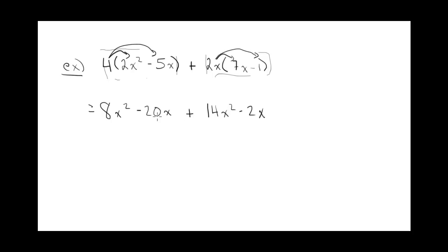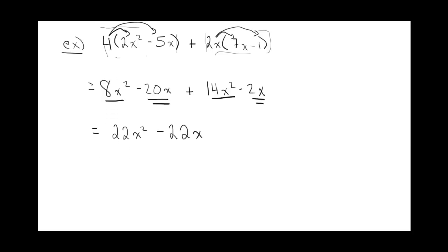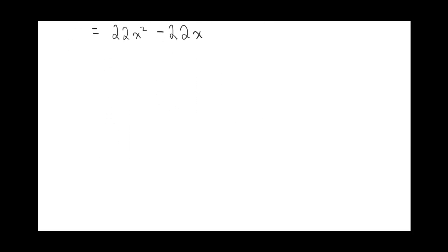And then we can add any like terms. So notice an 8x squared, and a 14x squared, and a minus 20x, and a minus 2x. So we have 22x squared minus 22x. Interesting, both the same coefficient. But different terms, not like terms, so you can't combine it any further.